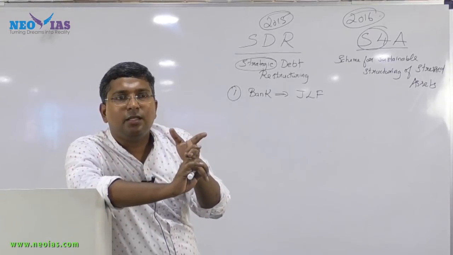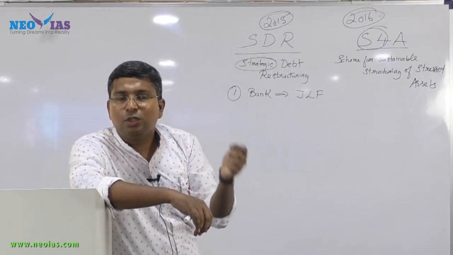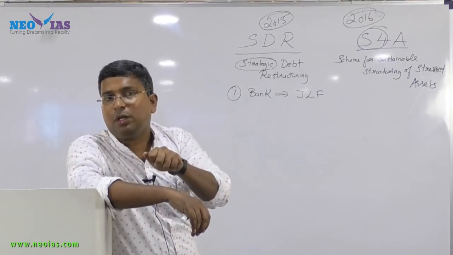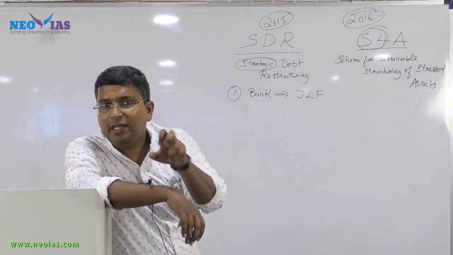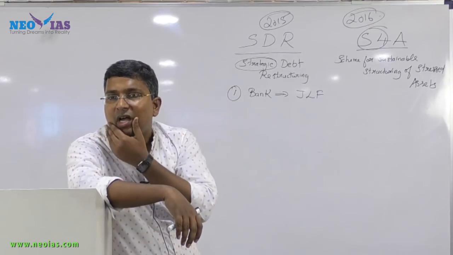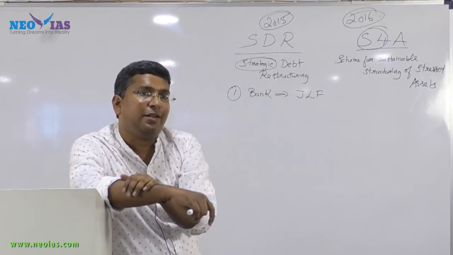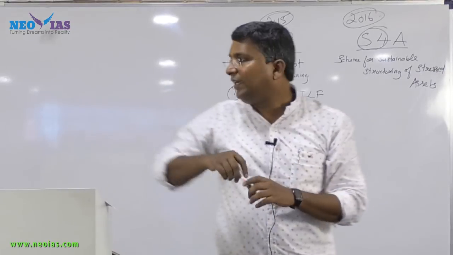Who are lenders? Financial institutions or banks which give loans. This joint lenders forum will take over more than 50% of the company's shares. That's the term strategic.